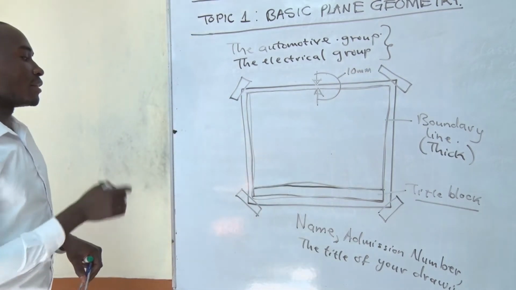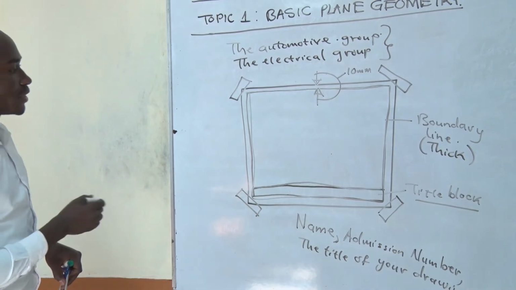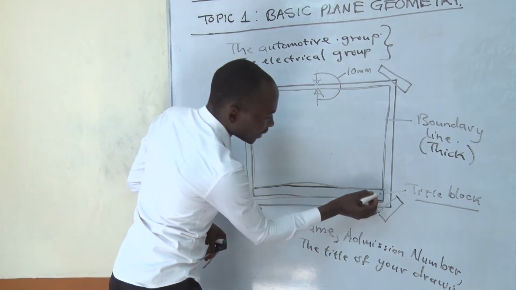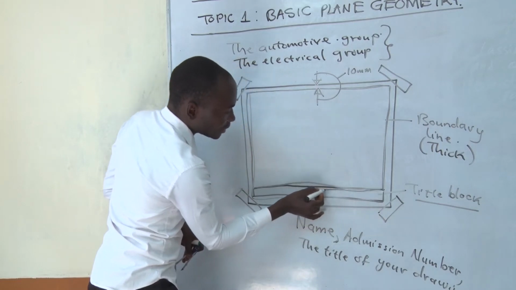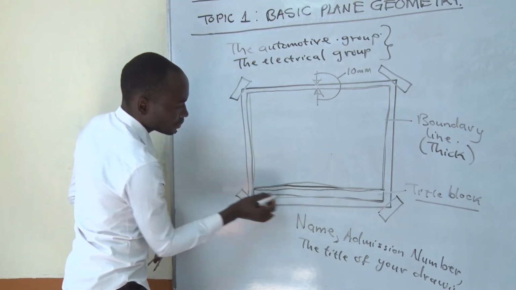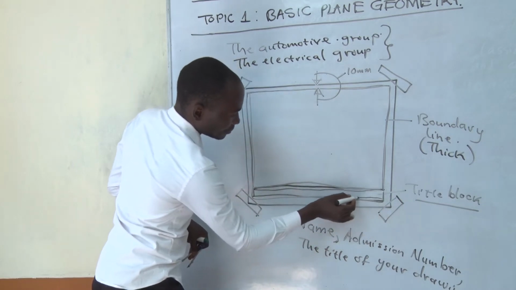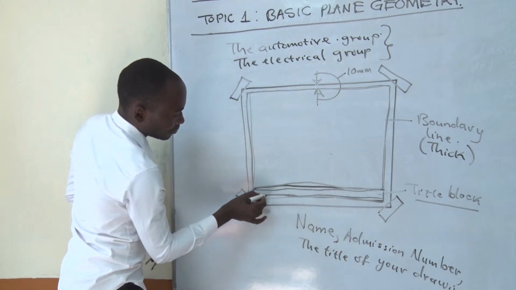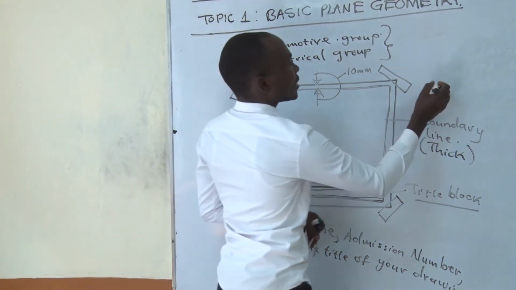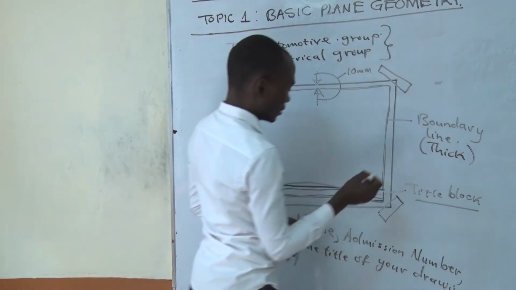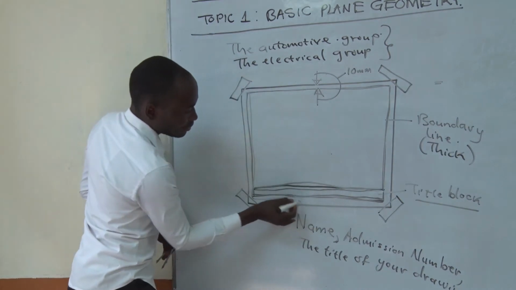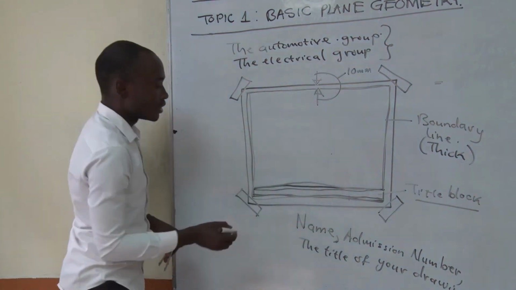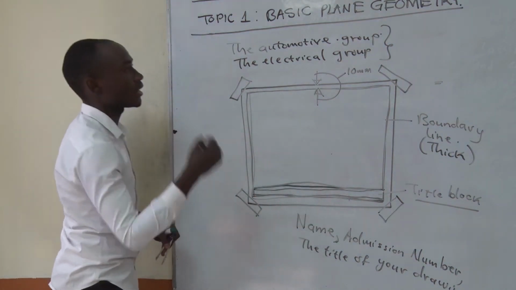Are we together? Then on top of that, you will draw some other inner lines which should be fitted inside this title block. You can take a distance of 1 millimeter. They should be spaced with 1 millimeter from this line up to this line. So you will write your name here.